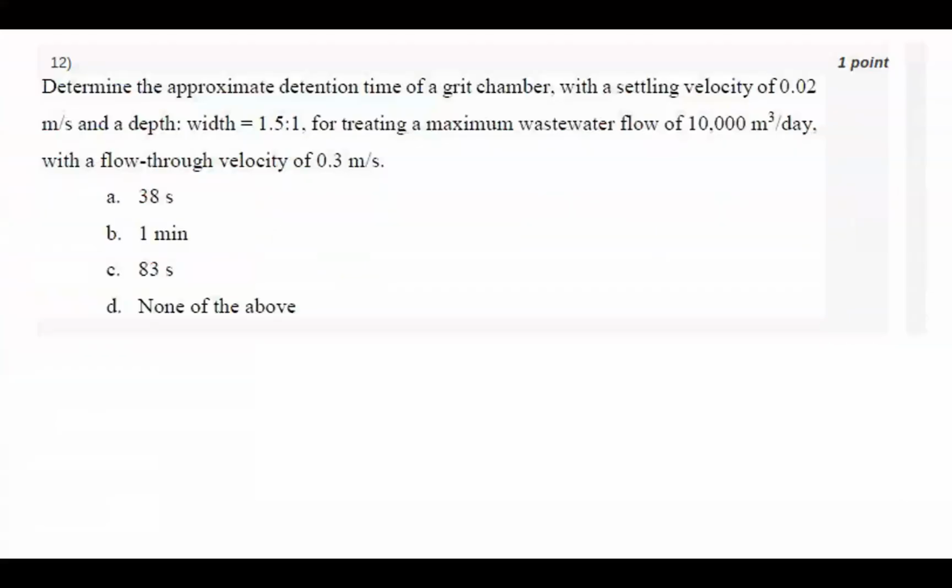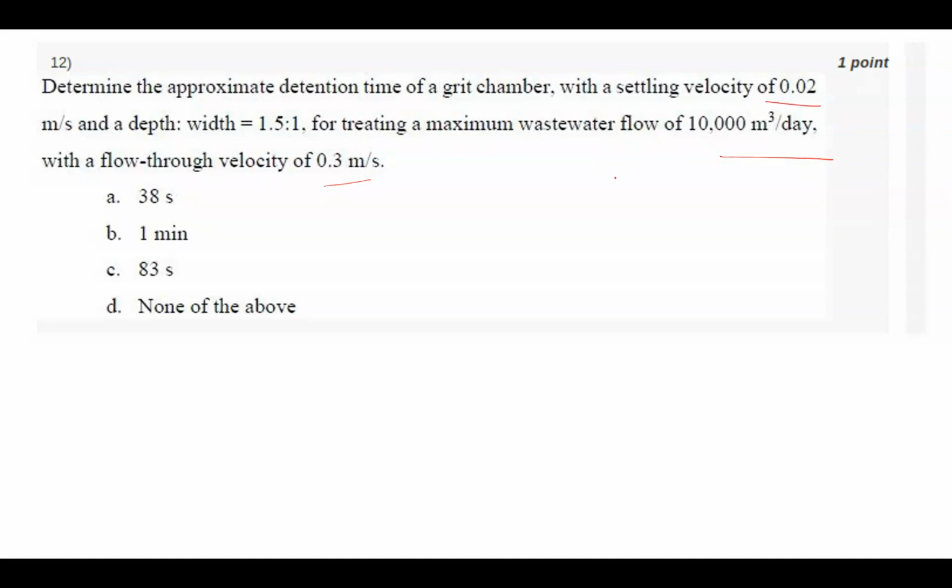Yes, okay. Here, the question is: determine the approximate detention time of a grit chamber with settling velocity 0.02 meter per second and depth to width ratio 1.5 to 1, for treating a maximum waste flow rate of 10,000 meter cube per day, where flow through velocity is 0.3 meter per second. First of all, we can write what is given.